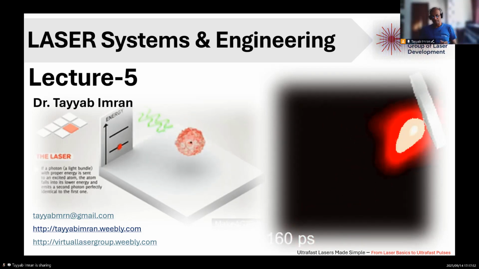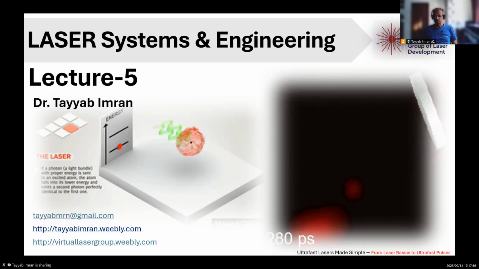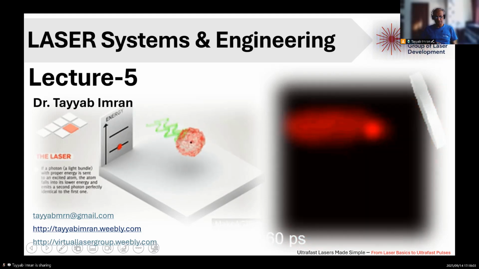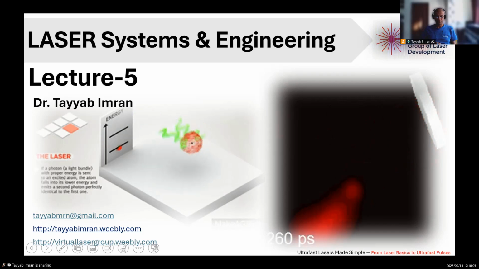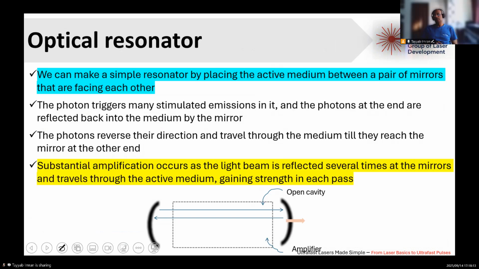Lecture number 5. And what we study in this lecture, you will see. We'll move to the second slide. In the last lecture, at the end, first we studied the energy levels, 3 and 4 state lasers.